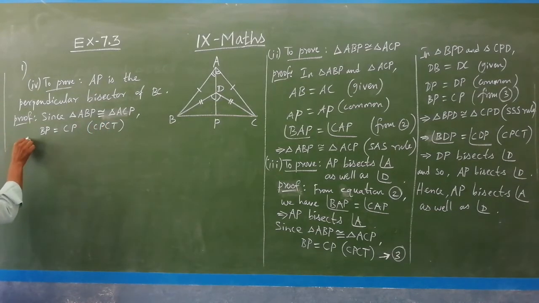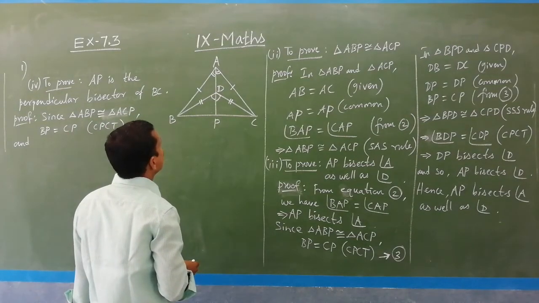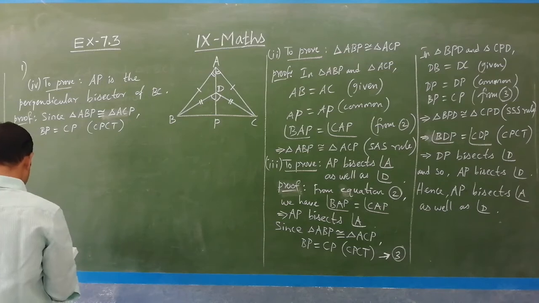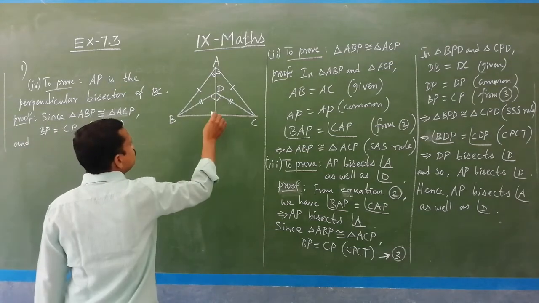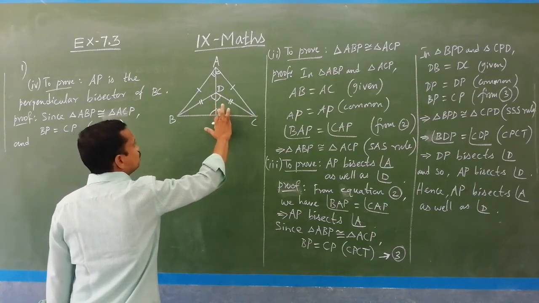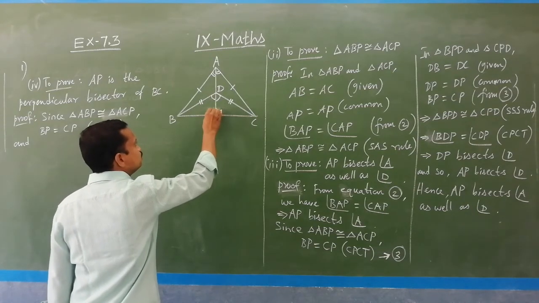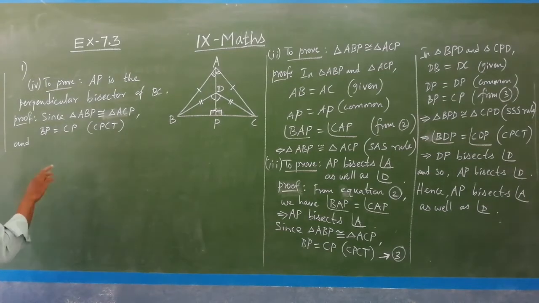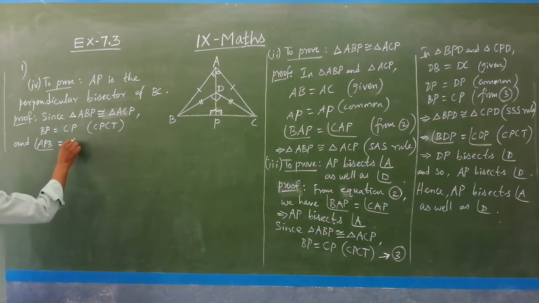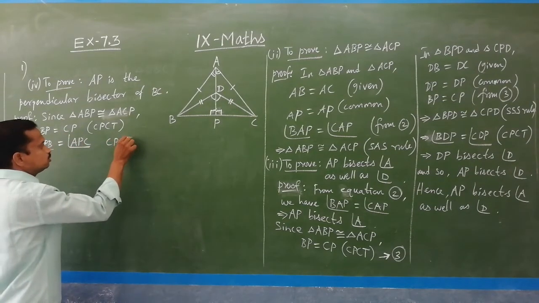And the angles: this angle APB and this angle APC. You can put the 90 degree symbol, but you have to show that they are 90. Angle APB is equal to angle APC.